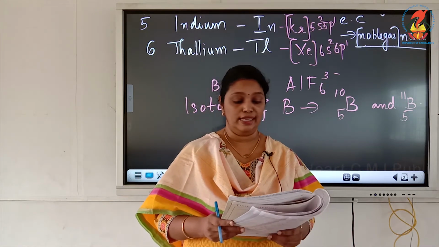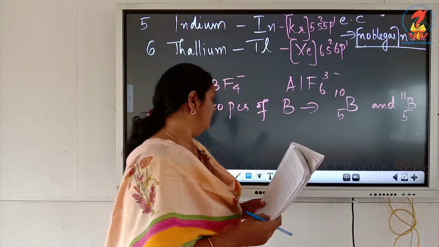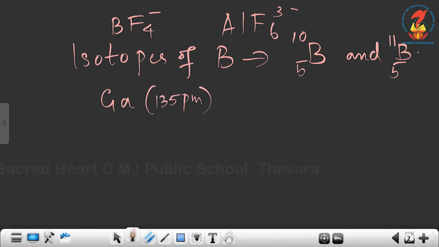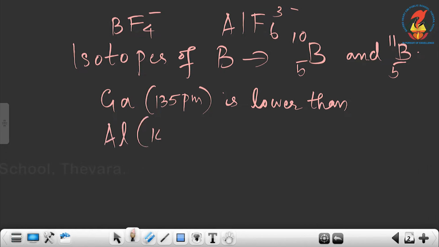Now next question is atomic radius of gallium. Gallium is Ga. Gallium is 135 picometer, which is slightly lower than aluminium. Aluminium is 143 picometer.